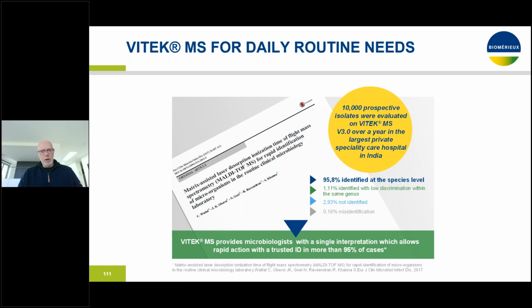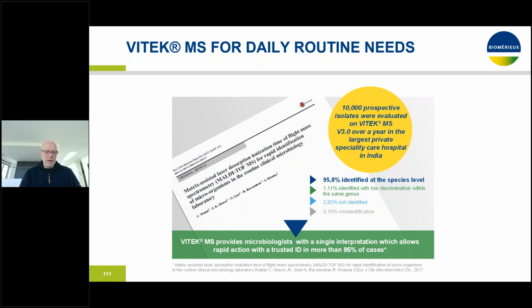Then another thing that I want to point out very clearly: Vitek MS, or the instrument that our competitor Bruker generates, is there for daily routine needs. So it should be as simple as possible. It should allow high throughput. It should be reproducible. It should be consistent. It should be sturdy from a clinical perspective.